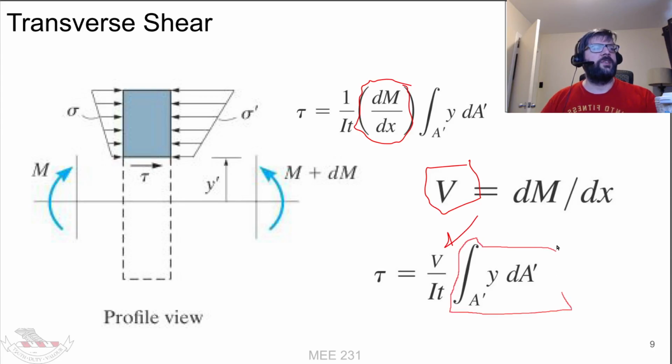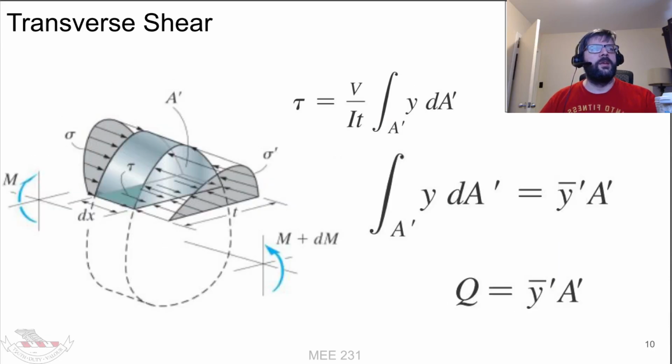And this should also look familiar. Way back in lecture 7, we talked about the first moment of area. So this integral here is equal to the magnitude of that area times the distance of its centroid to the neutral axis.